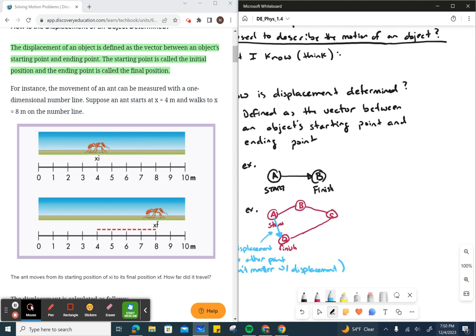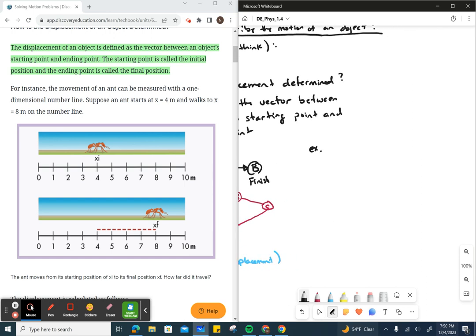So if we use number lines as an example, maybe I say that this is my number line, and I have 0 in the middle, and I have -1, -2, -3, -4, -5, and I have a +1, +2, +3, +4, and a +5 over here.